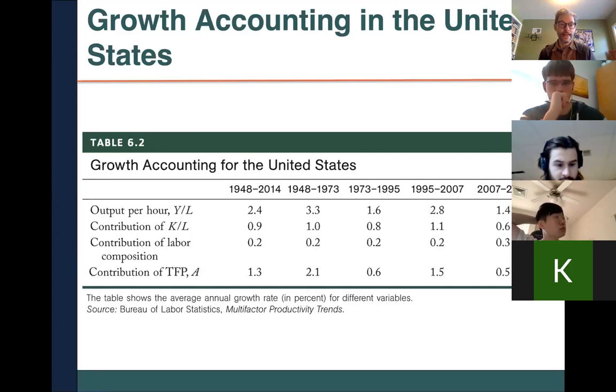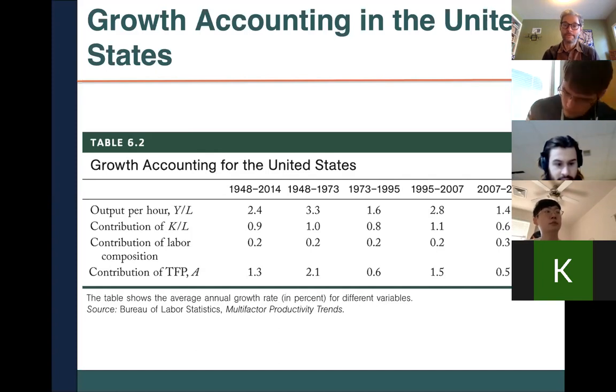You'll notice that output per hour went up 3.3%. What drove that? Almost all of it was driven by an increase in total factor productivity. So this period is often referred to as the productivity boom period. For whatever reason, productivity was much stronger during this period, and as a result, output growth was much stronger. But then you had the period 1973 to 1995.